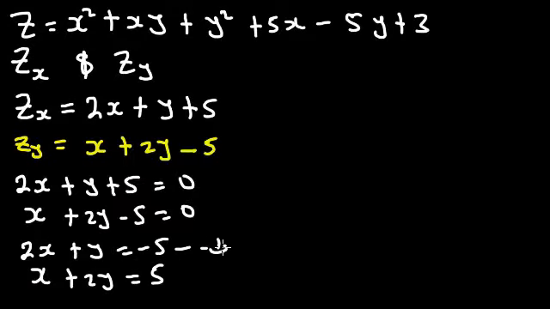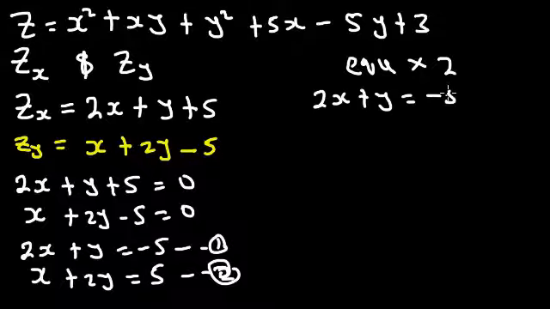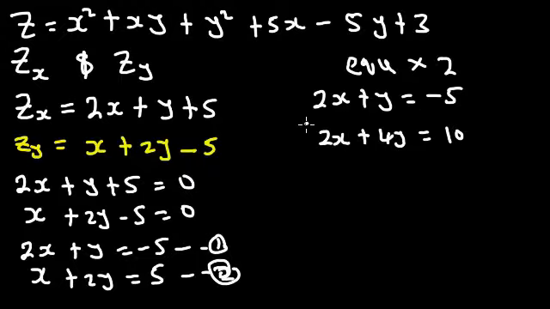Let this be 1, let this be 2. Multiplying equation 2 by 2, we should have 2x plus y equals minus 5 and 2x plus 2 times 2y, that's 4y, equals 2 times 5, that's simply 10.